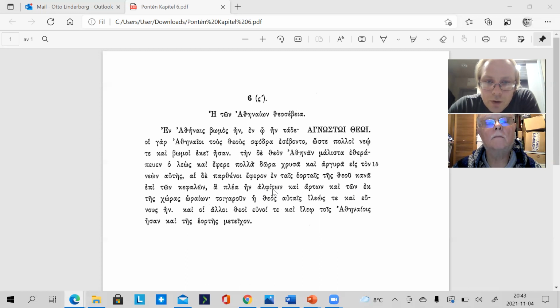So these are all in the genitive plural, these forms. Actually, I would say that they are partitive genitives.